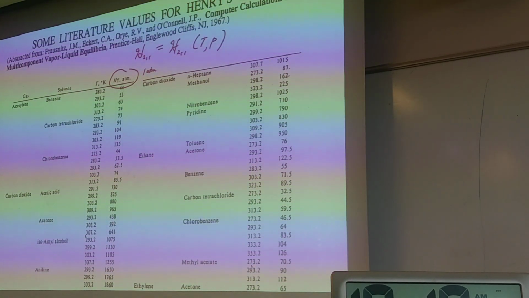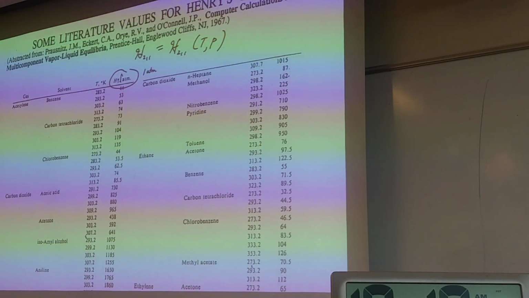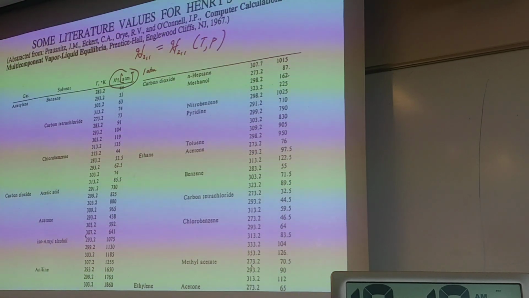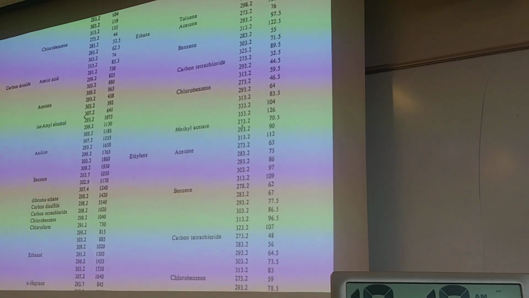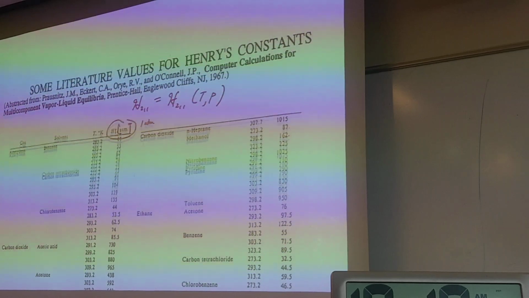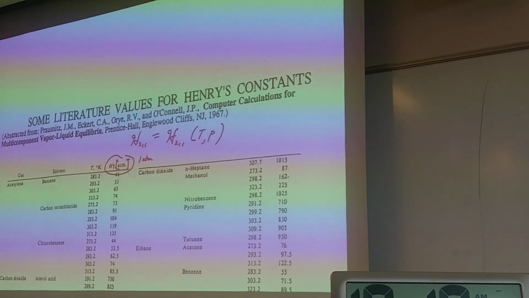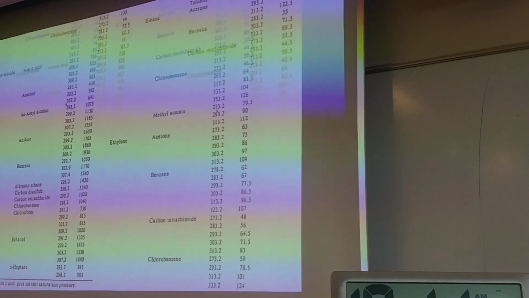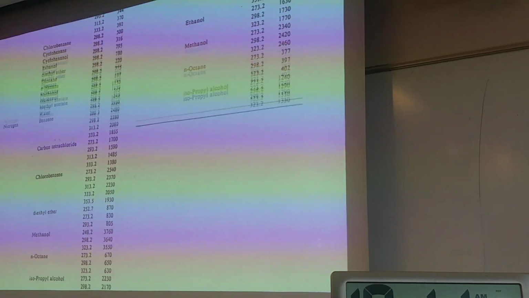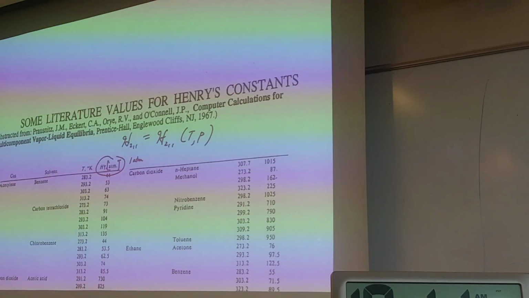So we can read these off, and what's important to recognize is that the units here are atmospheres. So all of these numbers refer to atmospheres. So the units of Henry's constant, of course, is atmospheres, the same as fugacity. I mean, it's pressure, same as fugacity. So we have a pretty extensive database here for a variety of systems.